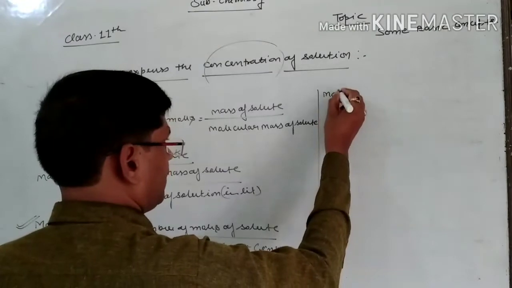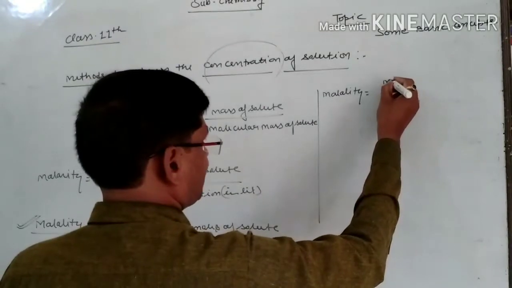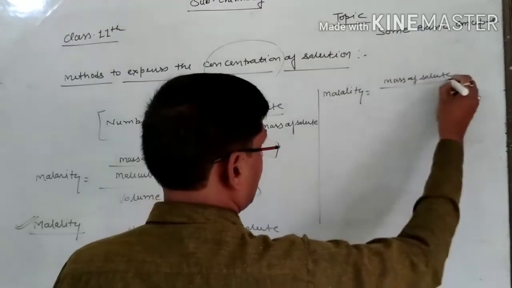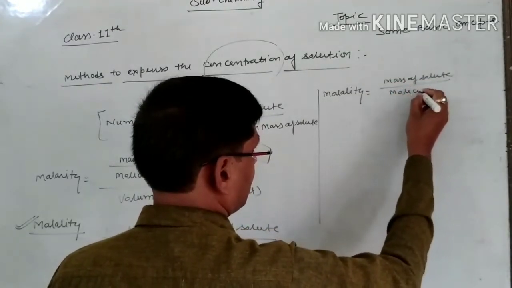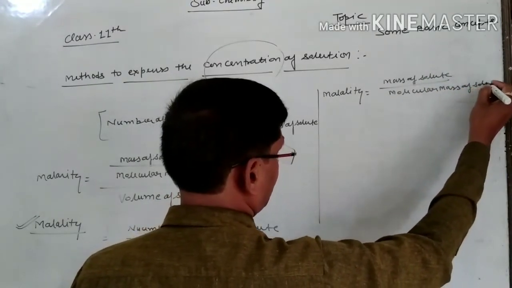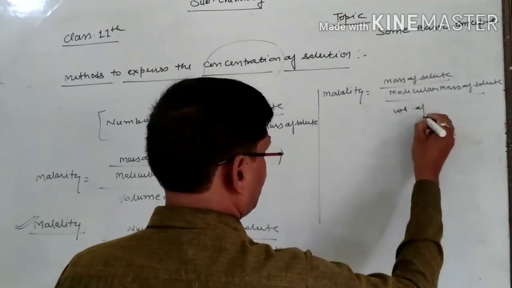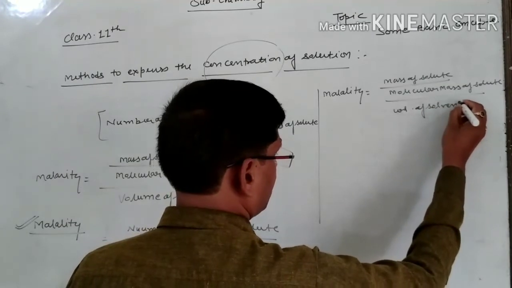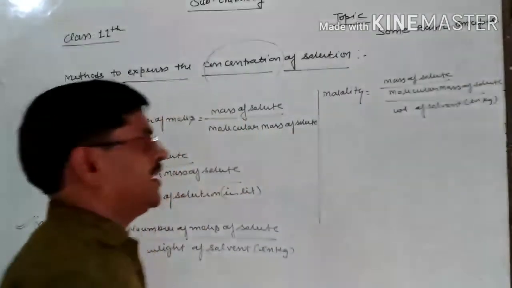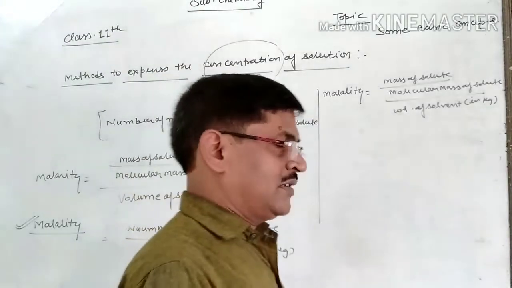So molality will be mass of solute upon molecular mass of solute, whole upon weight of solvent in kg. It means if weight of solvent is given in gram, then you have to convert it to kg.